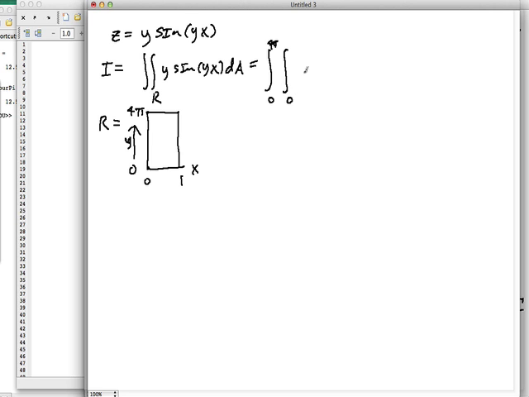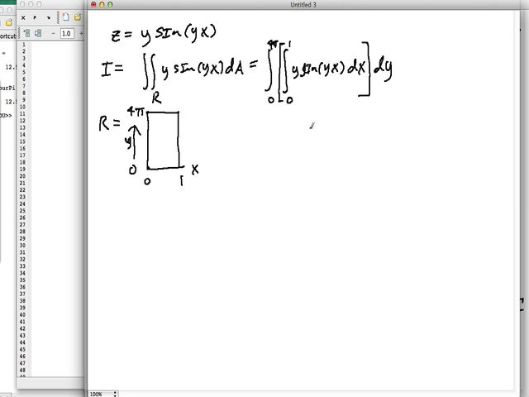And then we're going to write 0 to 1 being the x integral, y sine of y times x. We'll put the dx here. I'll put a little parenthesis around that. And this is me doing my rows of x, of all the x integrals, I should say. And there's the dy on the outside.